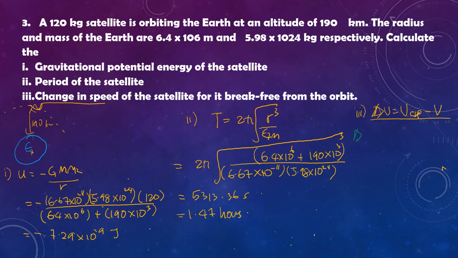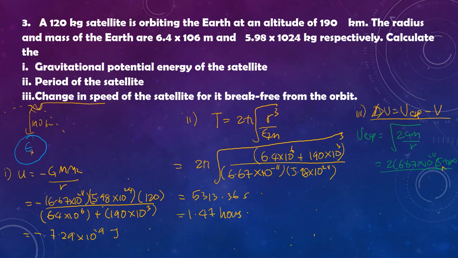Delta V is equal to, firstly we find the escape velocity. The formula is the square root of 2GM over r. So 2 times 6.67 times 10 to the negative 11, and the mass of the Earth is 5.98 times 10 to the power 24, over the radius.